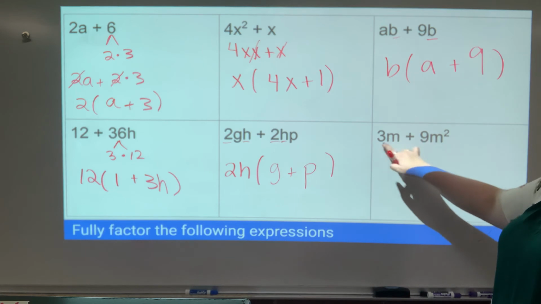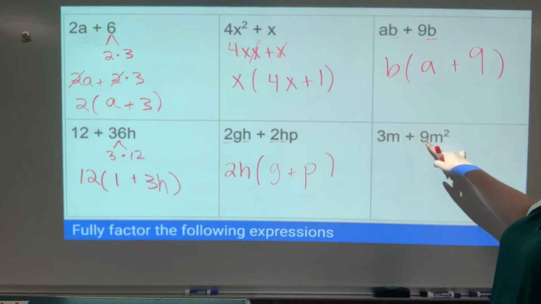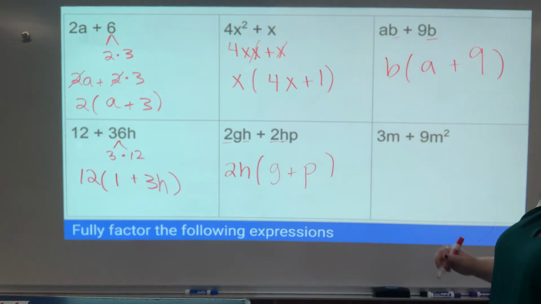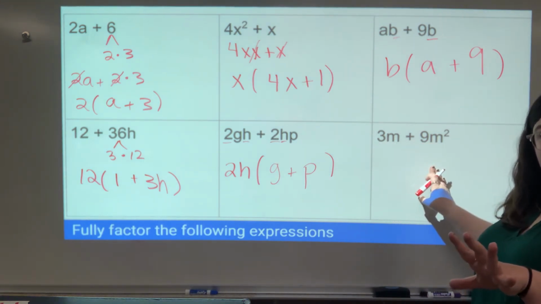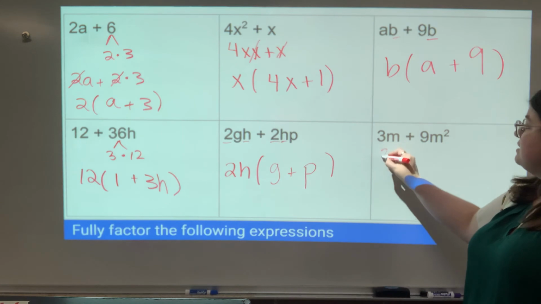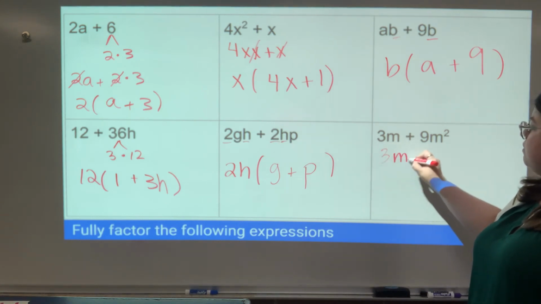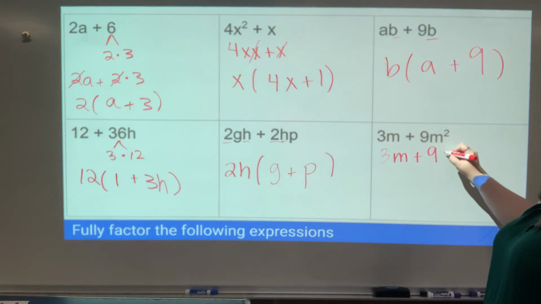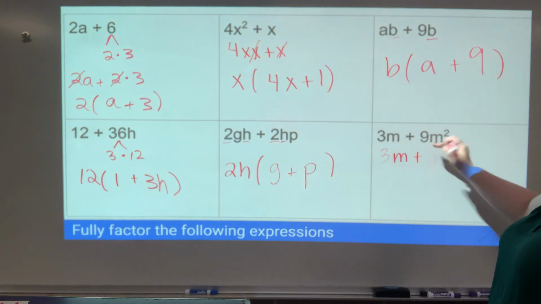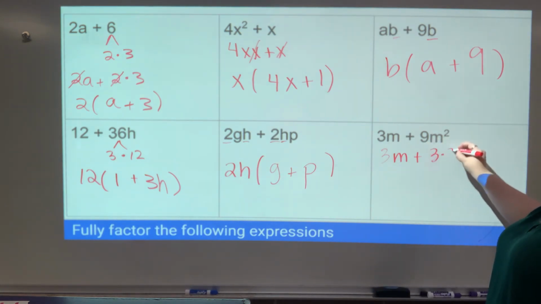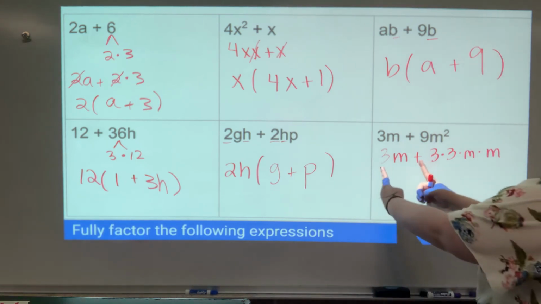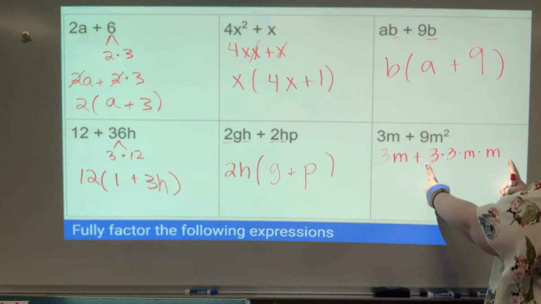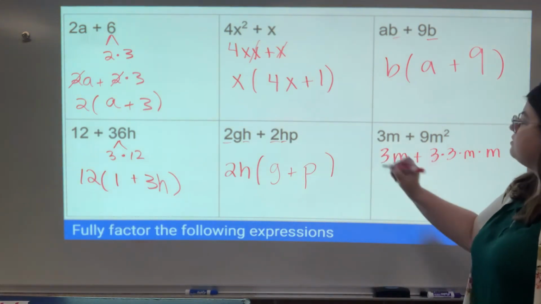Last one here, 3m plus 9 times m squared. So it looks a little kind of crazy. I'm just going to step it out one more time and say that this is the same thing as 3m plus 9, and actually 9 can get factored down to be 3 times 3 times m. So what do I have in common between this term and this term? That's a 3.